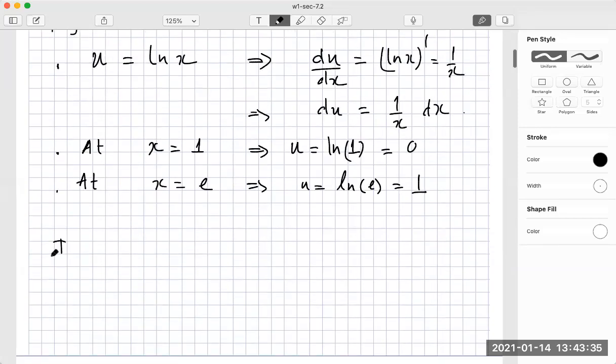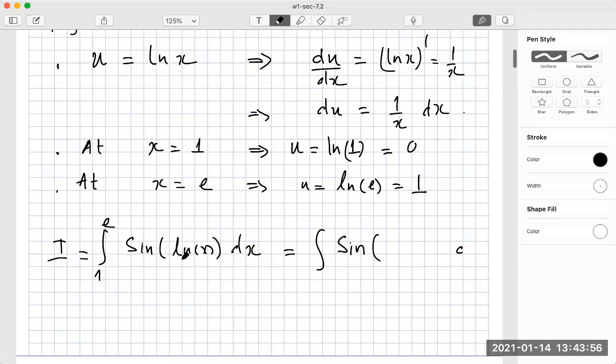Okay, we know everything. Now the integral I is from 1 to e of sine of natural log of x, and we can write it in terms of u, right? Sine of natural log of x, we replace ln x by u, right? Very good.